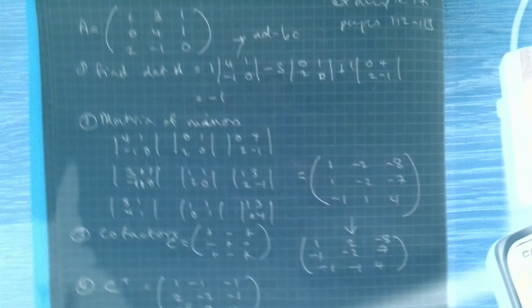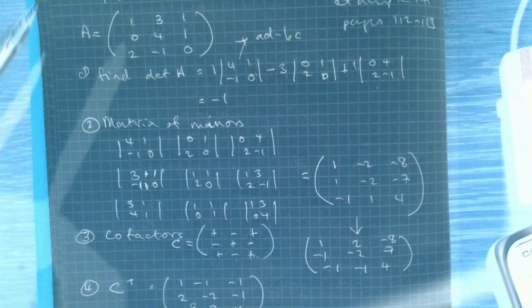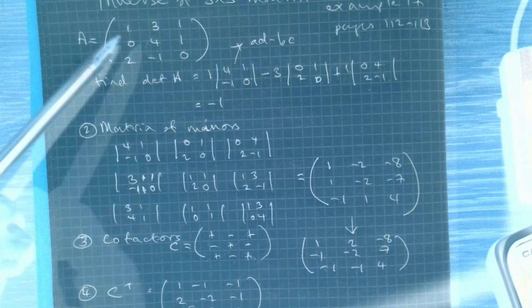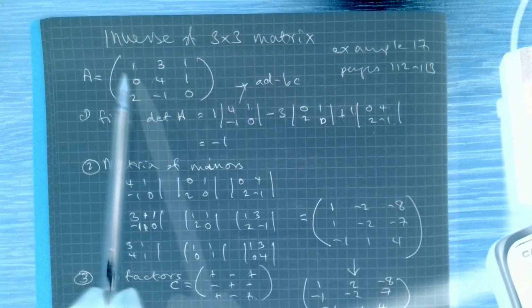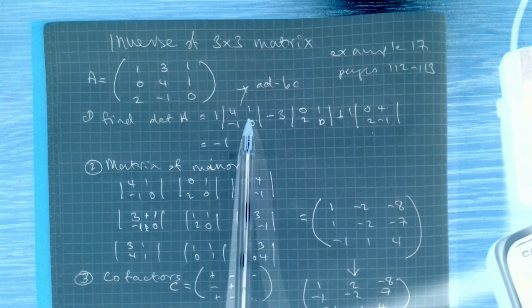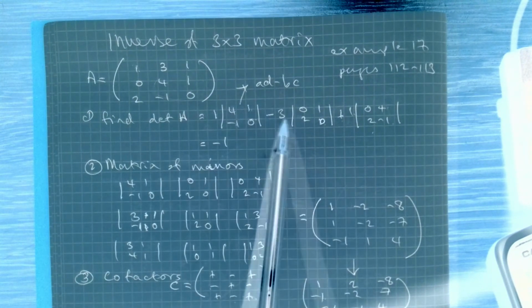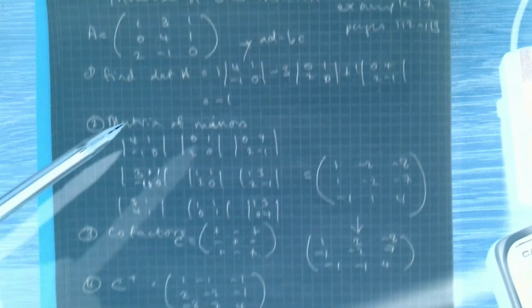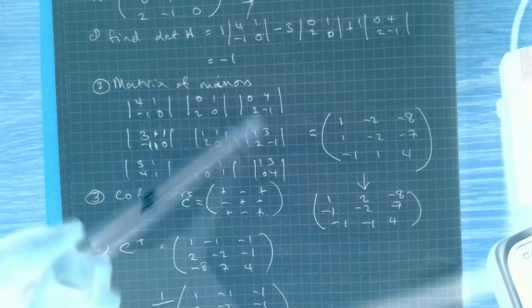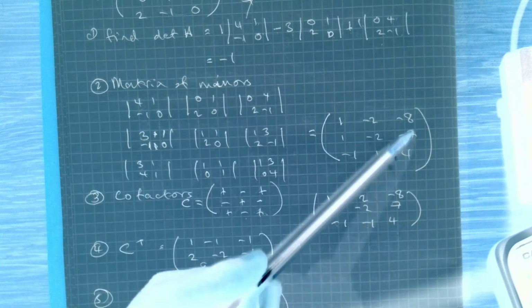So just to recap, first step is to find the determinant of the matrix, by A times its minor minus B times its minor plus C times its minor. Then you do the matrix of minors, so you do the minor of every single element, and then you work that out.